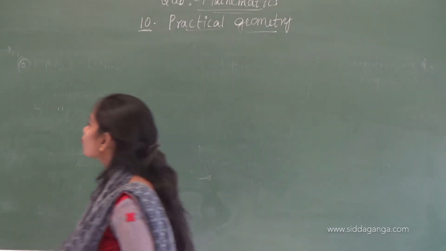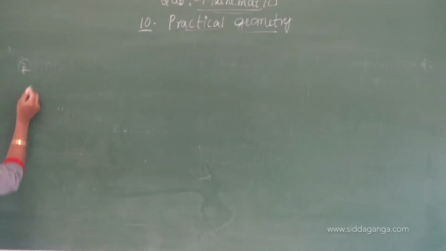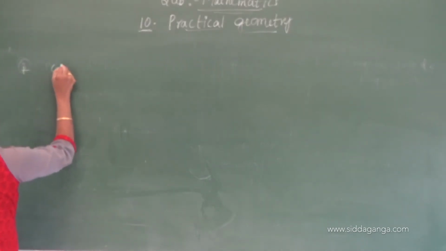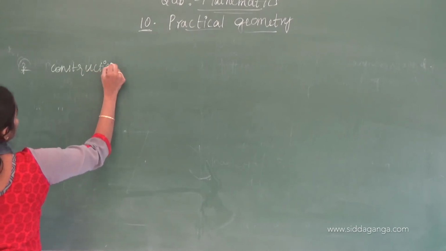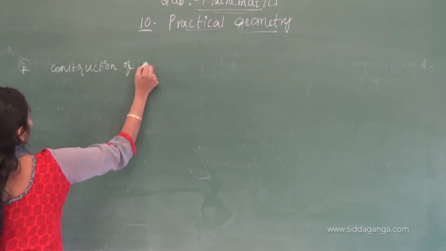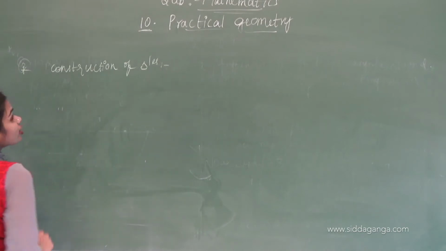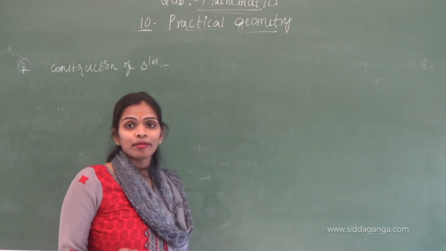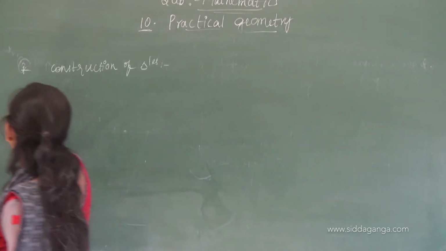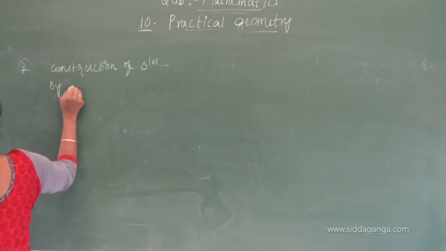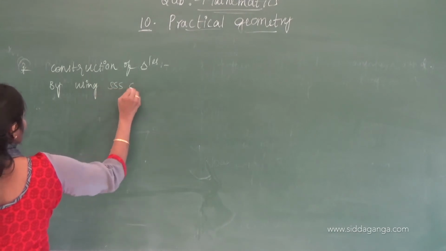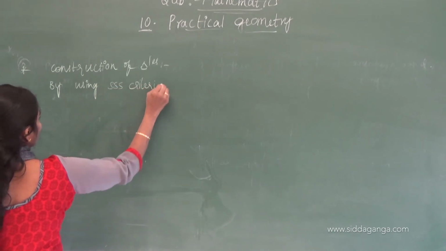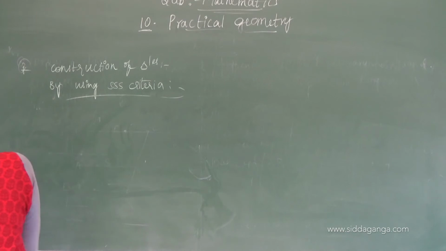Okay, construction of triangles when 3 sides are given. Construction of triangles by using the SSS criteria, I am telling now. You are all familiar with the SSS criteria.